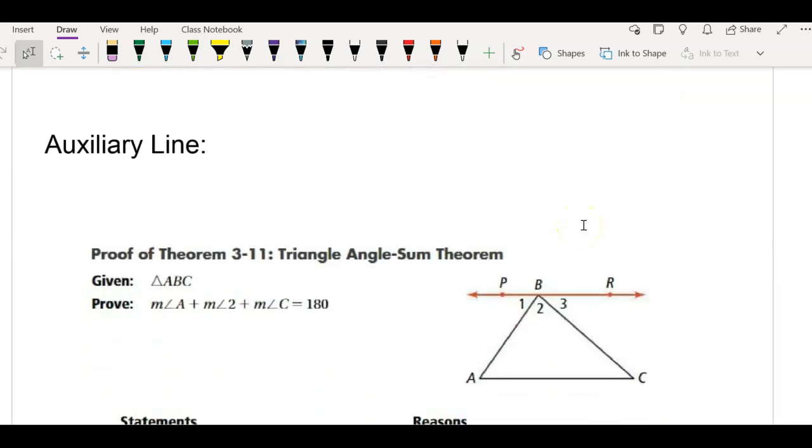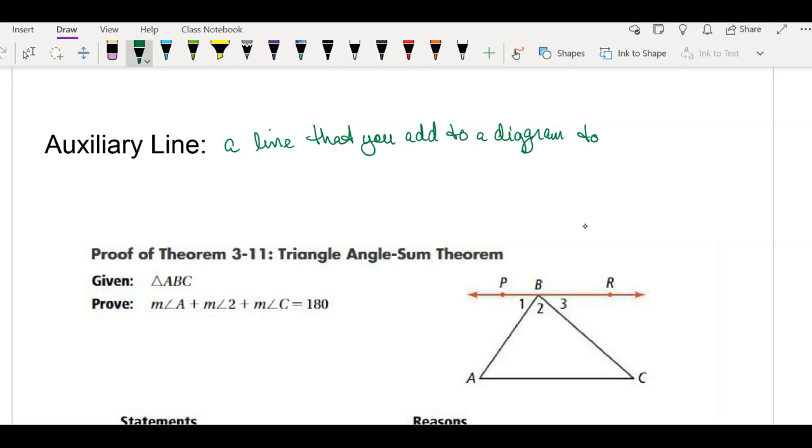Now let's talk about an auxiliary line. An auxiliary line is a line that you add to a diagram to help explain relationships in a proof.